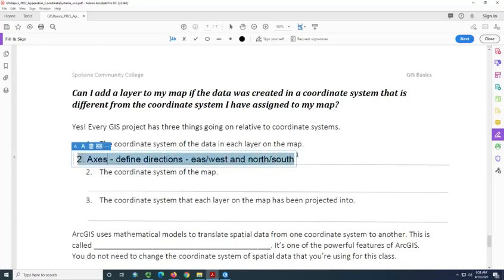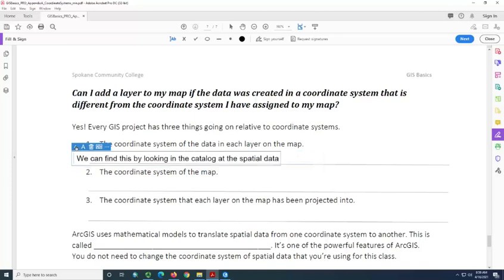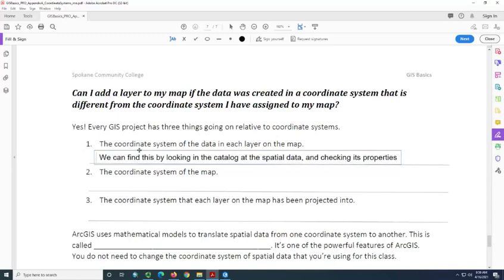We can find this by looking in the catalog at the spatial data and checking its properties. All right, so we've got the coordinate system of the data in each layer on the map, and we can have several coordinate systems.